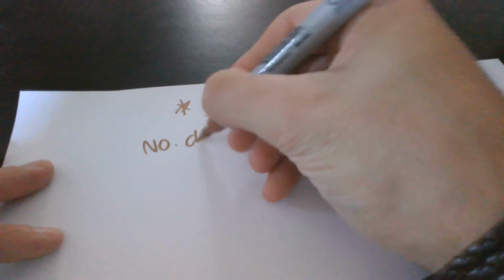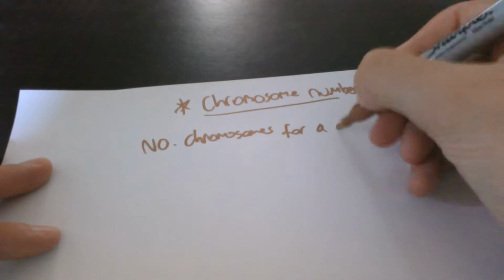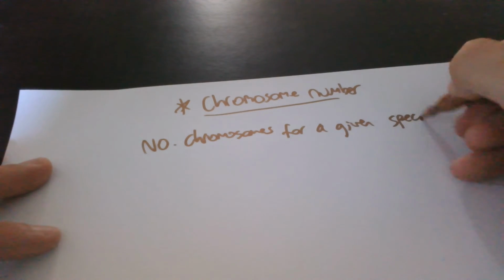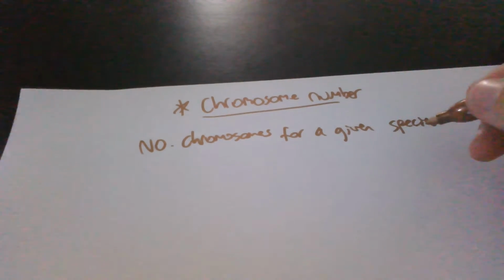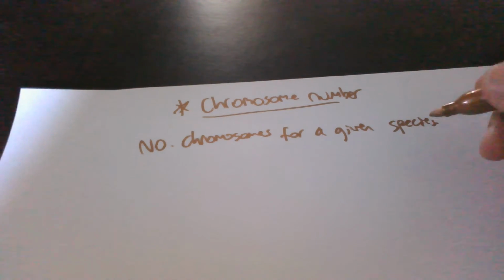Okay, so what's chromosome number? It's basically the number of chromosomes for a given species. It depends on what species you're talking about. If you remember, I talked about humans. Humans have 46. That was the magic number, you should know. Donkeys have 62 and chimps have 48.